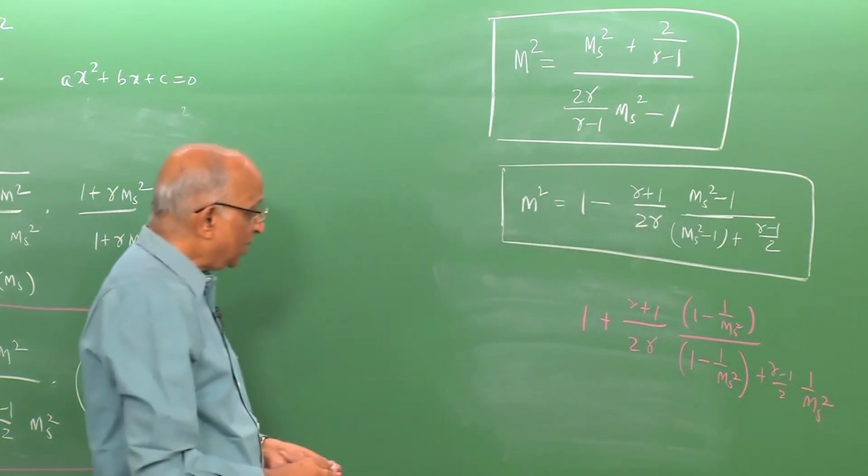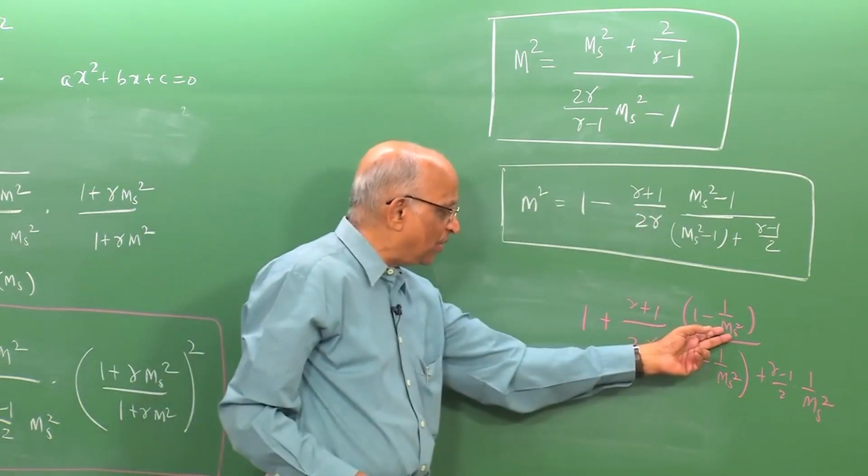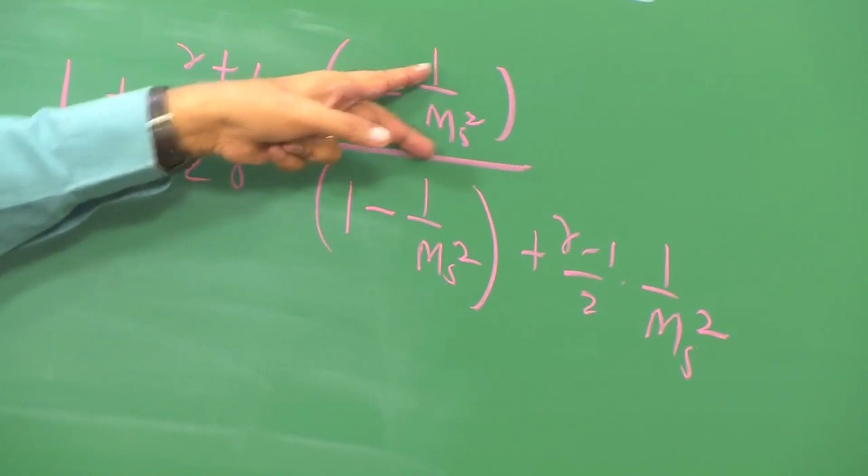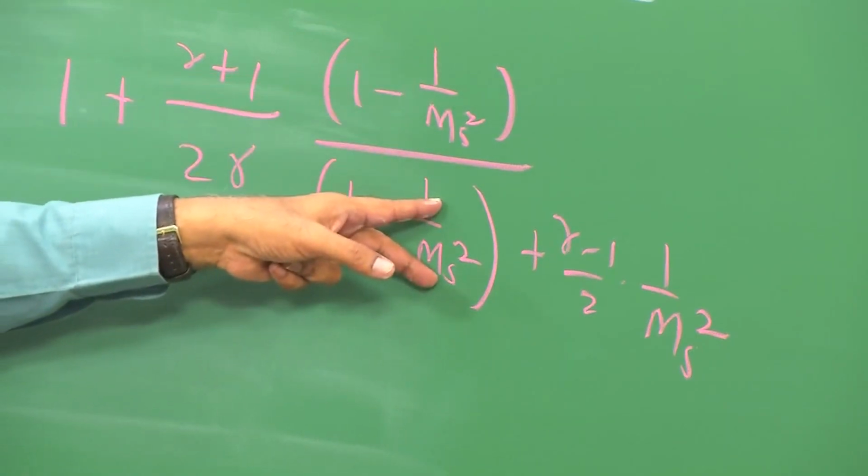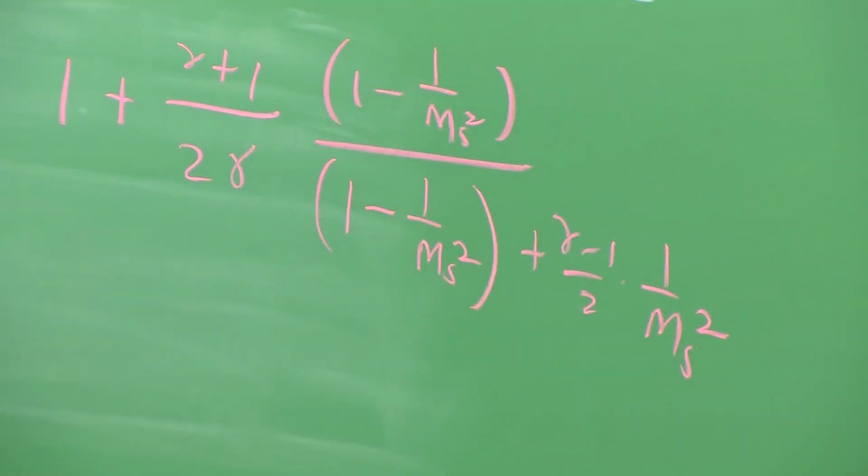Now in this equation, if I put Ms equal to infinity, this becomes 0, this becomes 0 again, and this becomes 0, and what do I get?